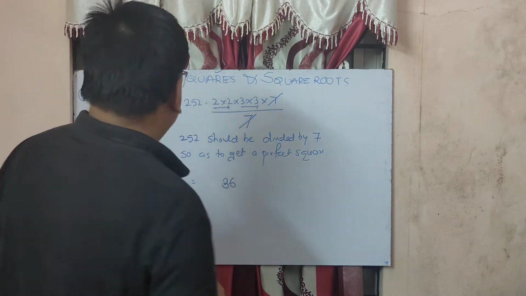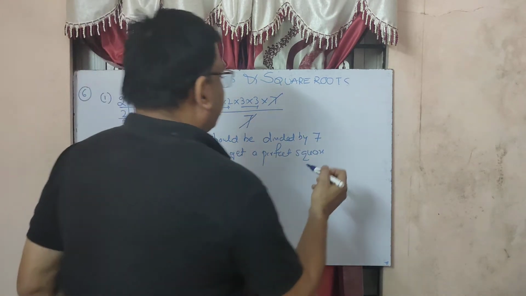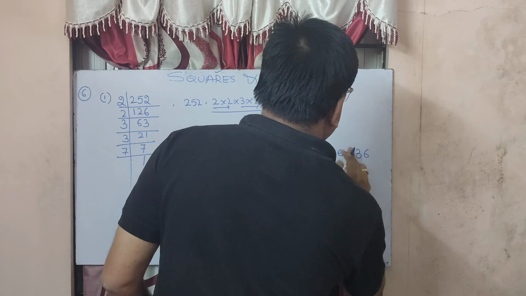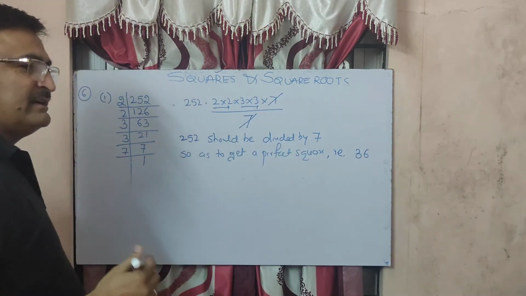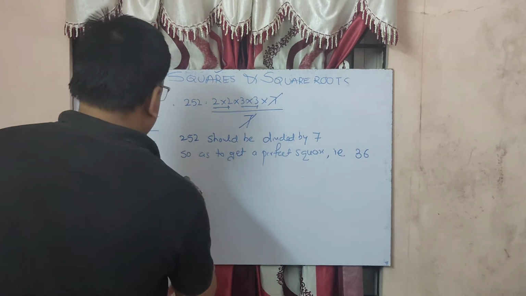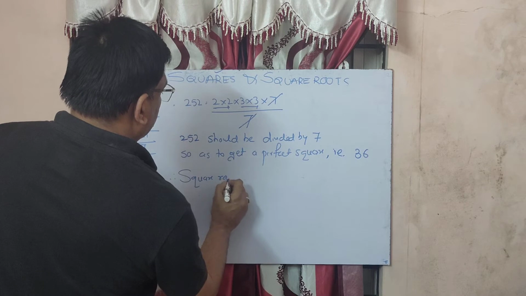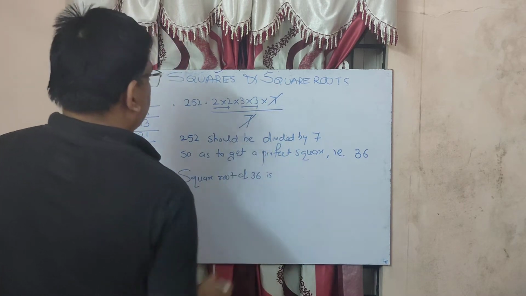So you have to write 252 should be divided by 7 so as to get a perfect square, that is 36. And what is the square root of 36? Therefore, the square root of 36 you have to write here.